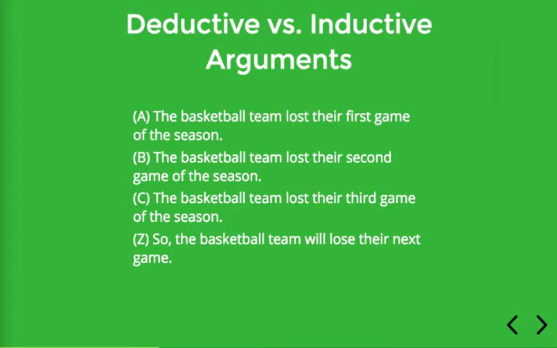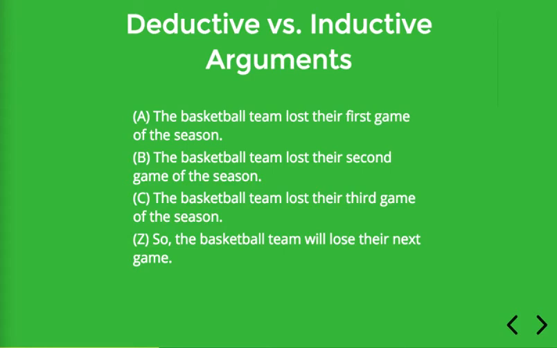But is the conclusion entailed by the premises in this case? Let's think about it. Suppose you met someone who believed A, B, and C, but they didn't believe Z. Would we think this person is totally crazy or irrational? Well, I don't think so. Maybe they know that the star point guard who's been injured for the beginning of the season is going to be coming back. Or maybe they just have a feeling that the team is due for a win.